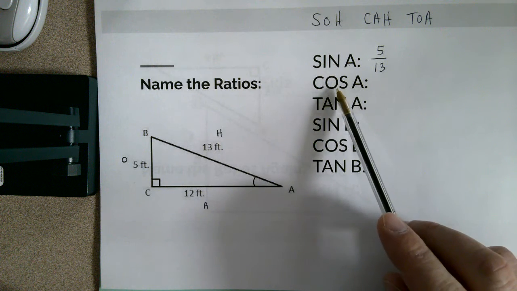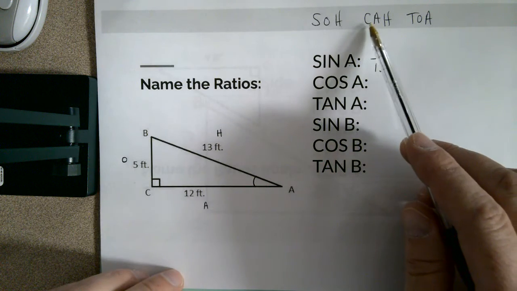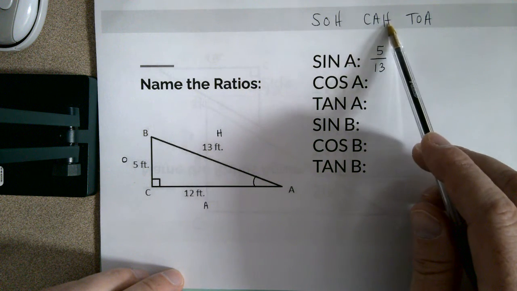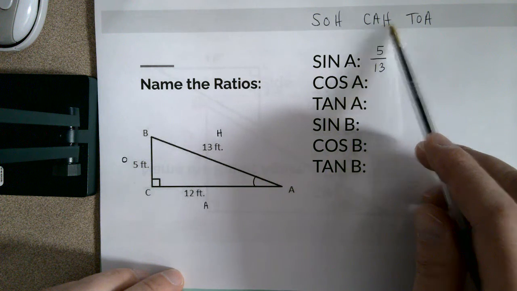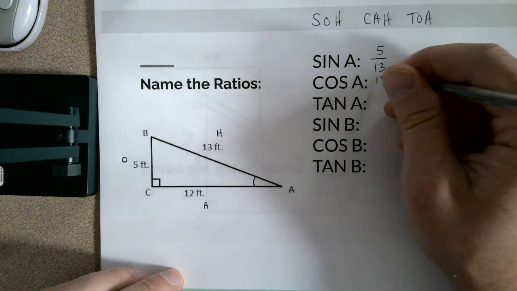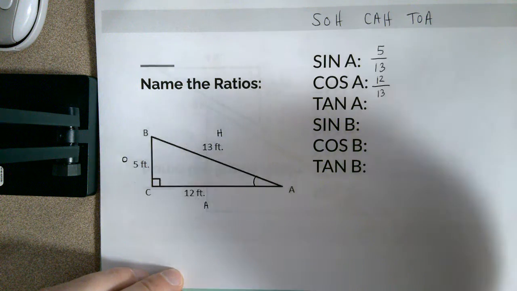I'm now going to find my ratio for the cosine of A. For cosine, I go back to my saying, that's the Cah. Cosine is adjacent over hypotenuse. I've already labeled my triangle, so my adjacent side is 12 and my hypotenuse is 13, so 12 over 13.